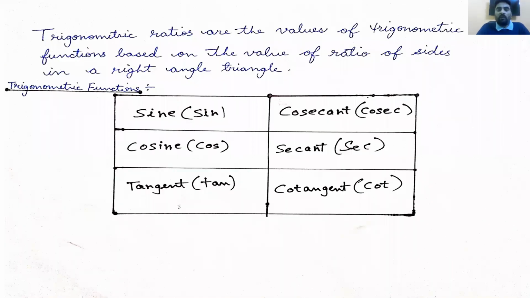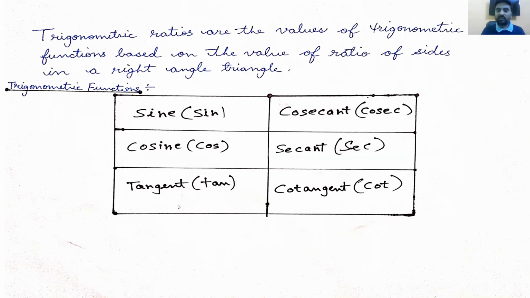Okay. Now, what are trigonometric ratios? Trigonometric ratios give you the relationship between sides and angles of a right angle triangle. There are some functions in trigonometry. These functions have certain relationships with the ratios of the sides of the right angle triangle.